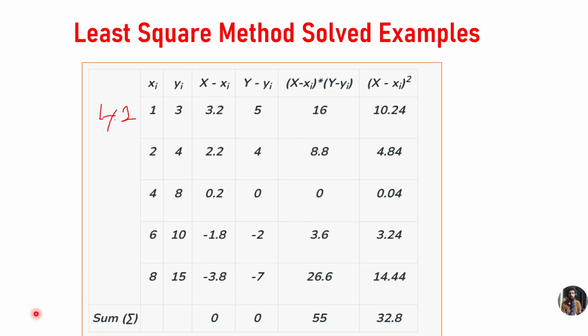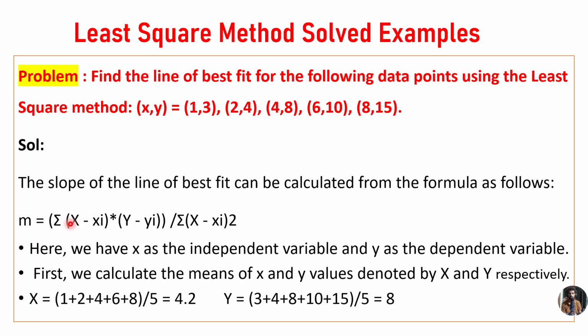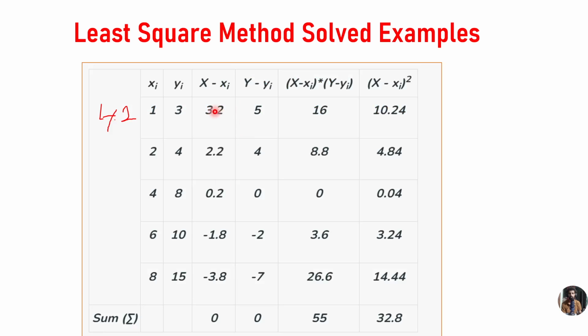Here we have x minus xi into y minus yi. We do the multiplication of these two: 16, these two: 8.8, these two: 0, these two: 3.6.